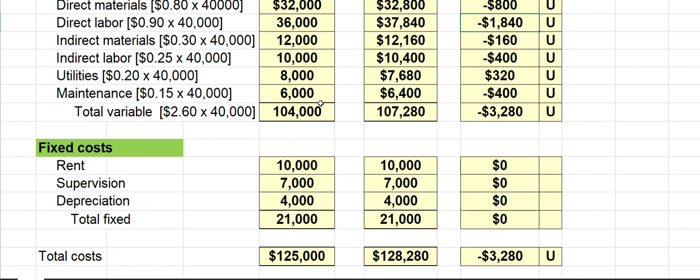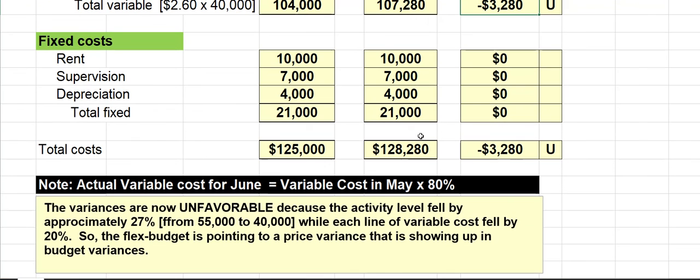Again, you would do the same thing for each line item, and we see that in each case the actual exceeded the budget by the respective amounts, and so we ended with an overall situation of $3,280.